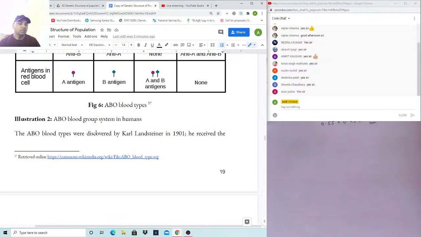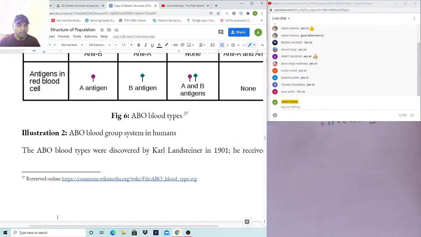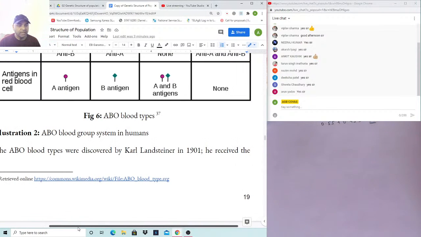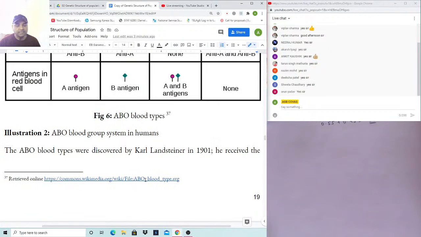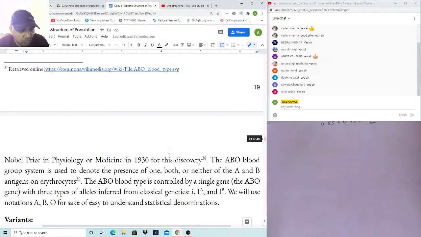Okay. So this ABO blood group system was discovered by Carl Landsteiner in 1901, and he received the Nobel Prize in Physiology and Medicine in 1930 for this discovery.